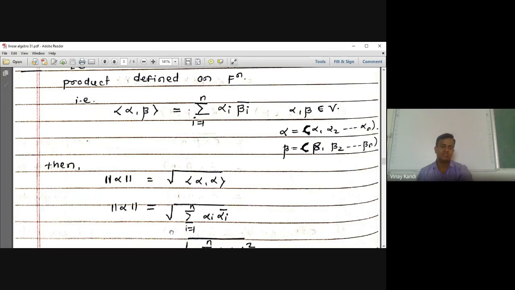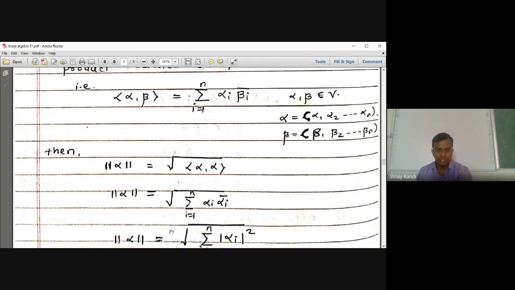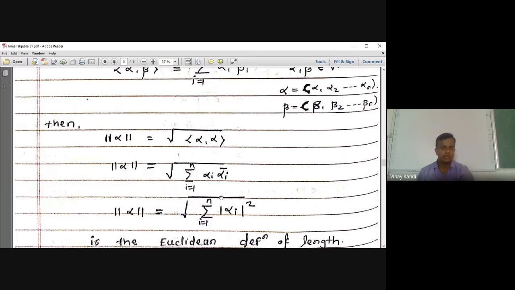So this is equal to the positive square root of the sum for i equal to 1 to n of alpha i into alpha i bar. You know that if z is any complex number, then z into z bar is equal to mod z square.